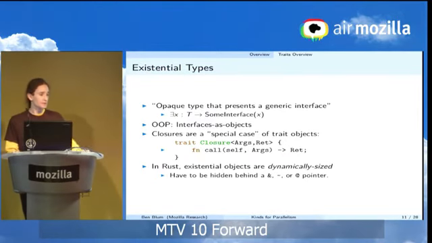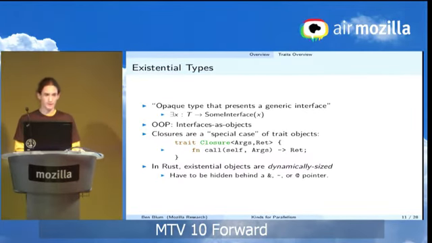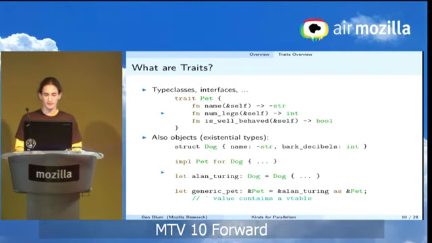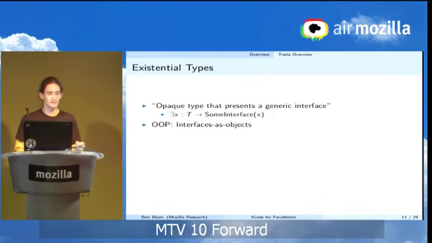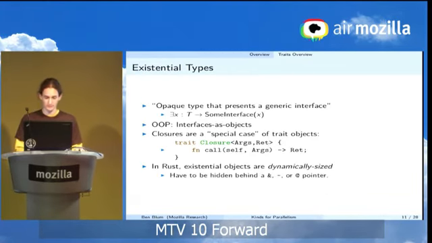So if you want to carry around these traits in Rust, you have to hide them behind a pointer. A bare trait itself is not a type. So like in the previous slide, I wrote ampersand pointer to Alan Turing as pointer to pet. You're not allowed to do that without the ampersands, and I'll continue to do it in the rest of this talk.